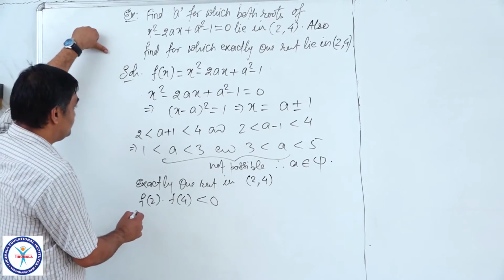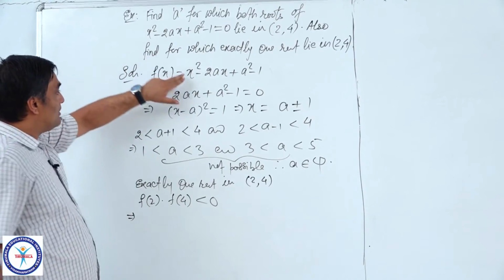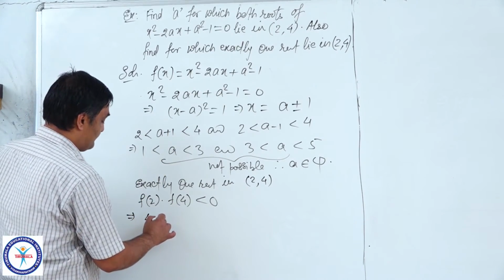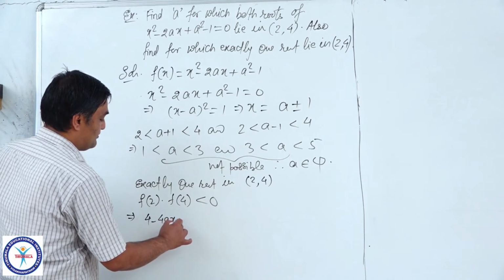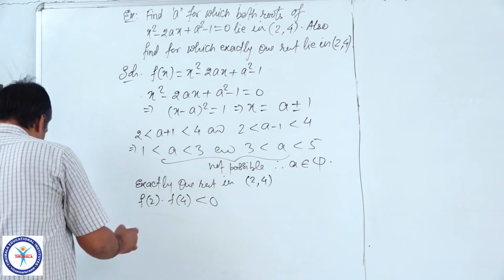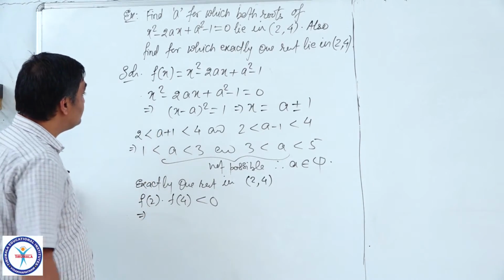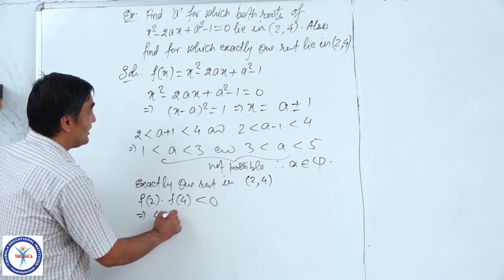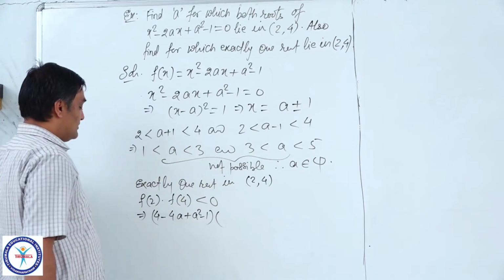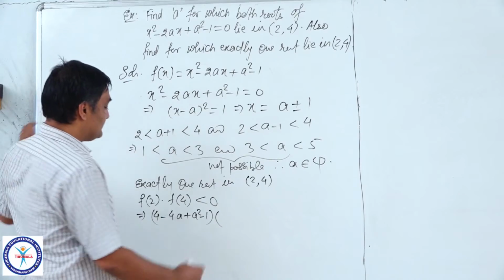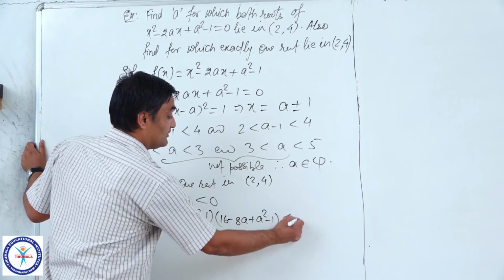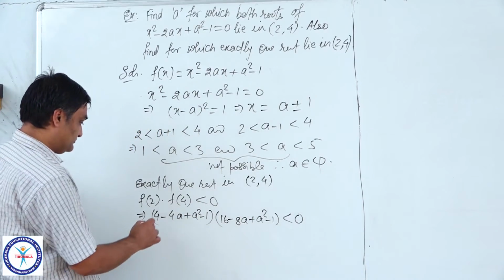What is f of 2? f of 2 is 4 minus 4a plus a square minus 1, and f of 4 is 16 minus 8a plus a square minus 1. It should be less than 0.